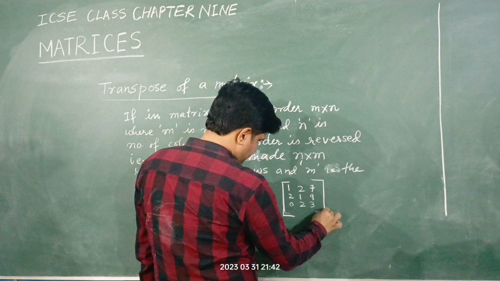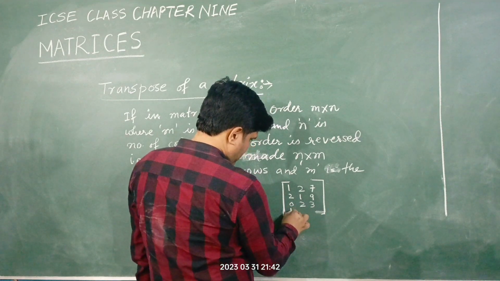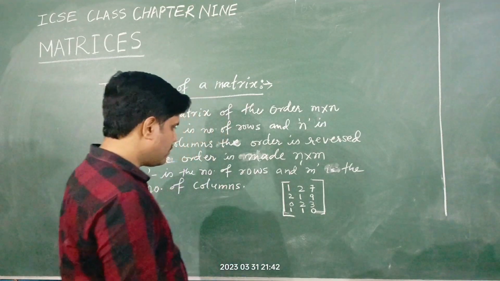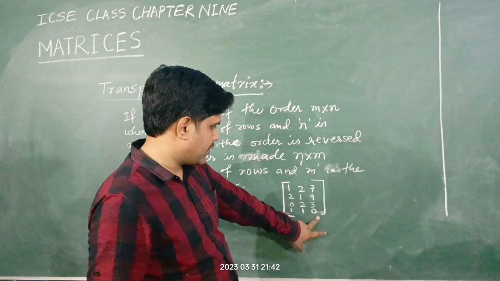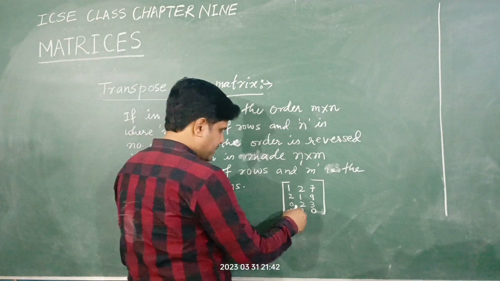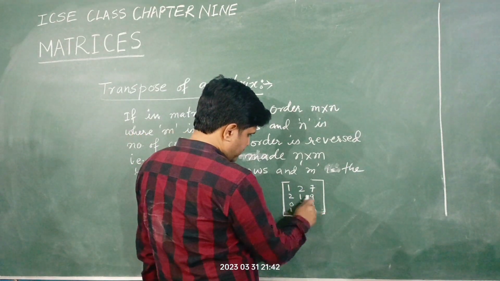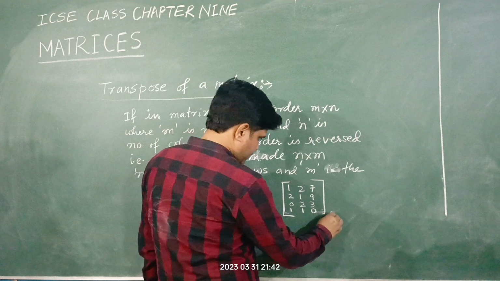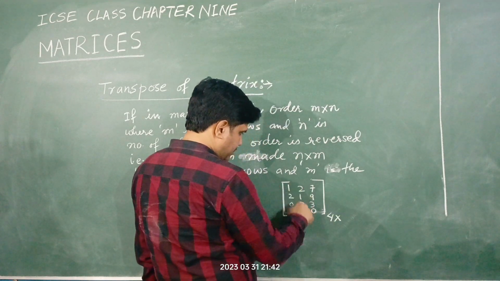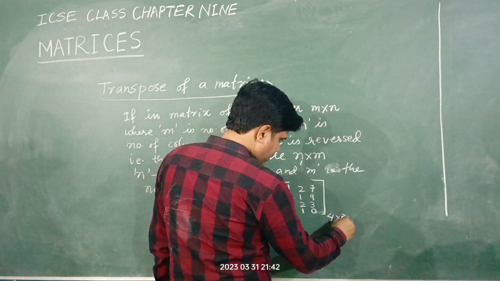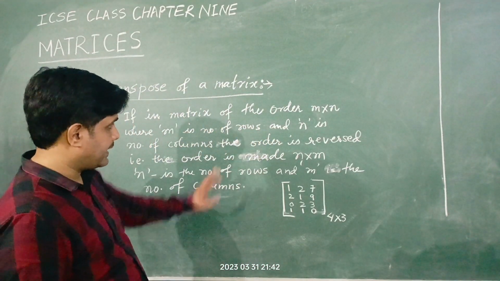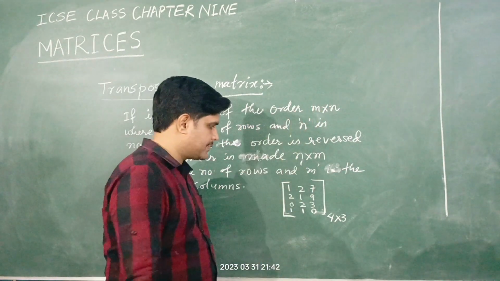I'll have to add one more row for simplicity: 1 1 0. So now, if I ask you what is the order of the matrix first? The order of the matrix here is 4 rows, so it is 4 cross 3: 4 rows and 3 columns, like m rows and n columns.